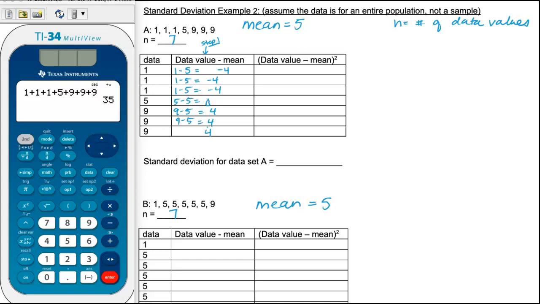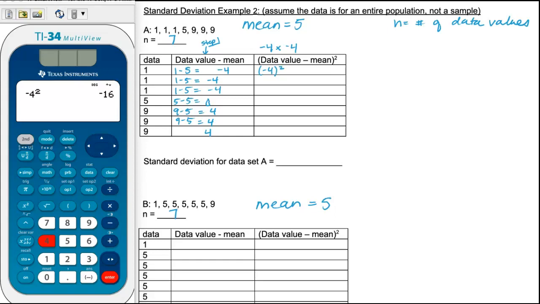And then the next step is to square each deviation. Now it's really important if you're using your calculator to put parentheses around the number if it has a negative sign. This is why. If you put negative 4 squared, you're going to get a negative 16, which is incorrect. When you're squaring negative 4, really what we're wanting to do here is negative 4 times itself.